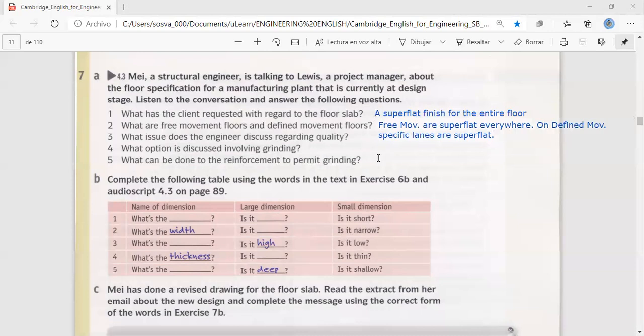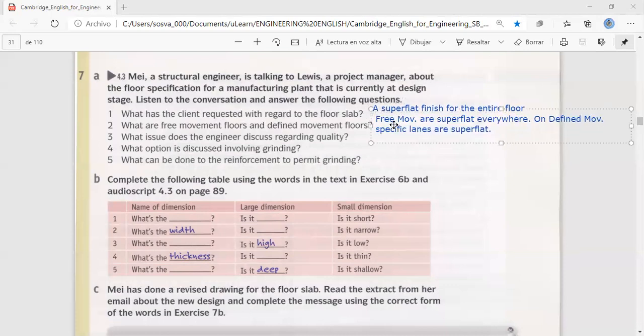Now look at the third one. The third one is what issue does the engineer discuss regarding quality? Okay. I think it is the high quality finish, the super flat, no? Yes.